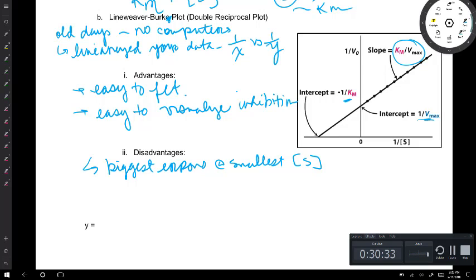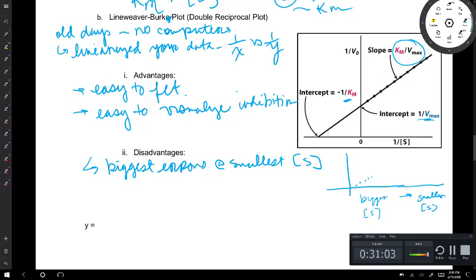So when you get a Lineweaver-Burk plot, you're going to have a bunch of velocities down here that are close together and have small error bars, because those are going to be our bigger substrate concentrations. As you go further out, you're going to smaller substrate concentrations. And so your smallest measurements are going to have the smallest slope, which means a larger error because it's harder to measure a smaller slope.